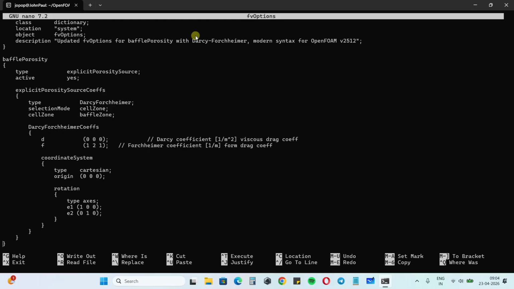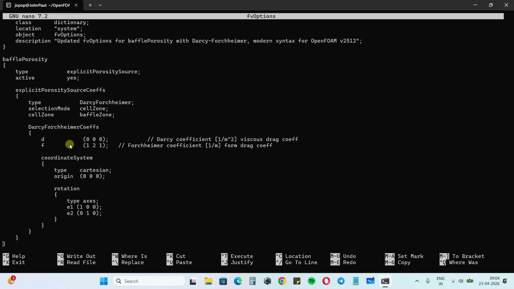This basically adds source terms to the Navier-Stokes equation and will be solved on the cells specifically marked in the cell zone. It's an explicit porosity source type, the model that we are using is the Darcy-Forchheimer model, and we have specified where to apply that, in our baffle zone.